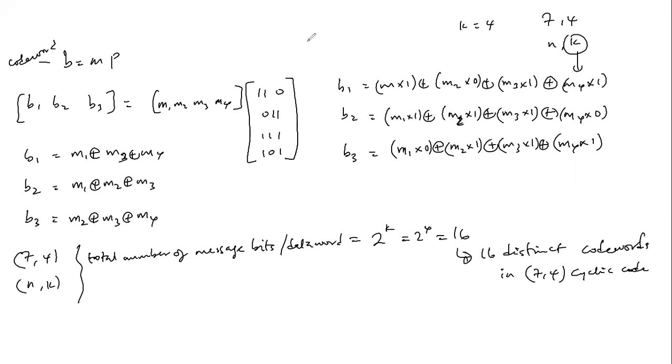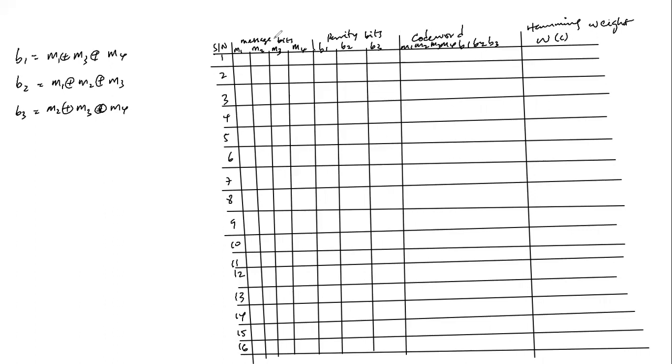And so we have the table, the truth table, the possible binary combinations for the 16 possible data words.